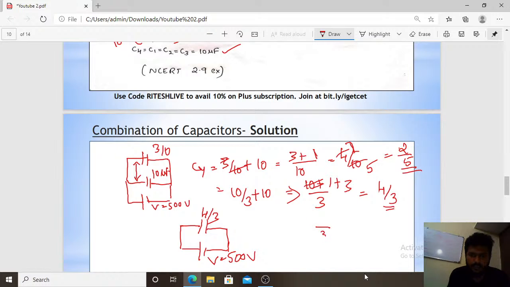So 3 is a common denominator. 10 plus, okay, sorry, 10 into 3. Okay, 30. That is 40 by 3.